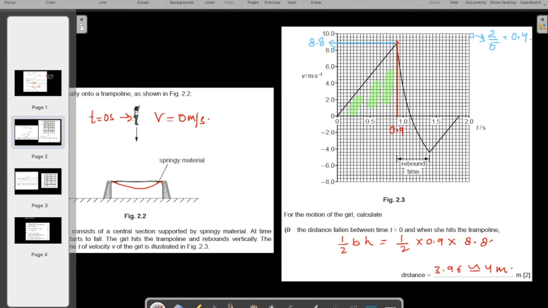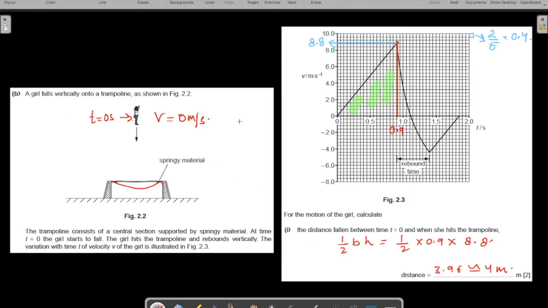There is another way of doing this question using the equations of motion that you can also try. We know s is equal to ut plus half at squared, right? What is the initial velocity? Initial velocity was 0. u is 0.